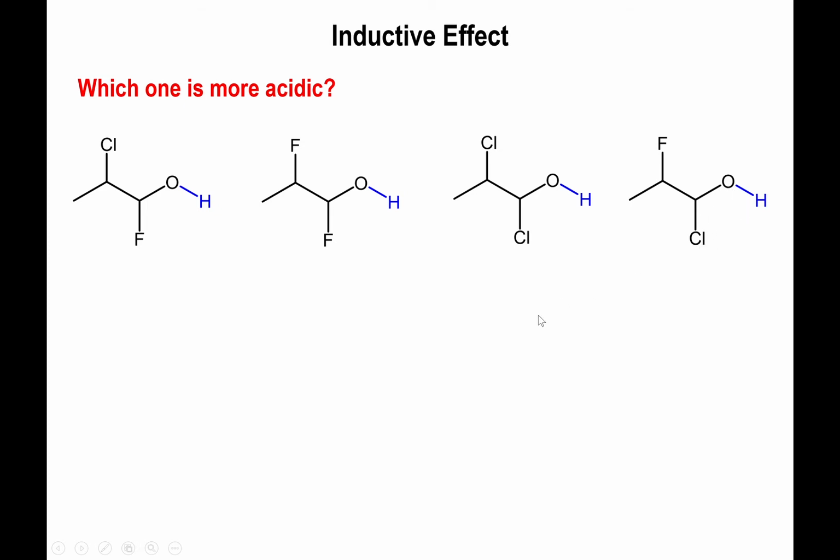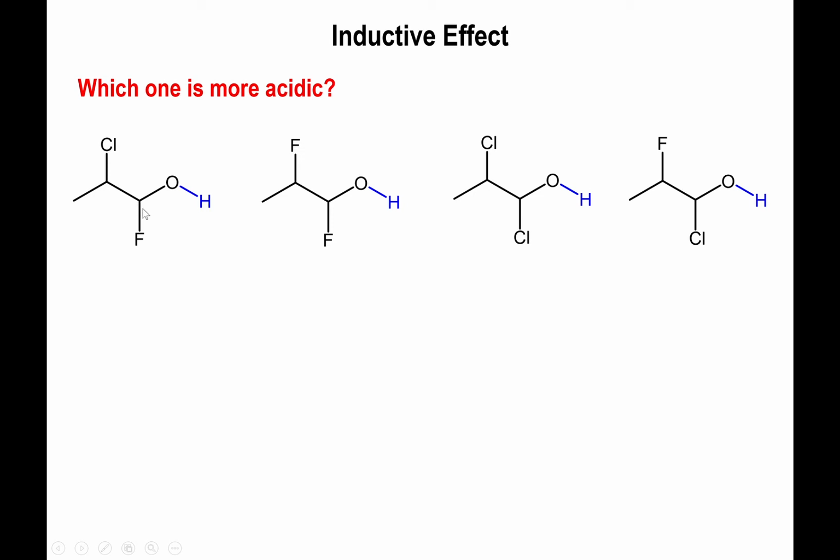And so here what ends up happening is what we call induction. Technically speaking, we look at the idea of dipole moments arising from having these electronegative atoms bound to carbon. And the halogens are all more electronegative than carbon. Iodine, perhaps, is the one exception, but bromine, fluorine, and chlorine, they're all more electronegative than carbon. So you expect to have a dipole moment going towards the halogens arising from the carbon.